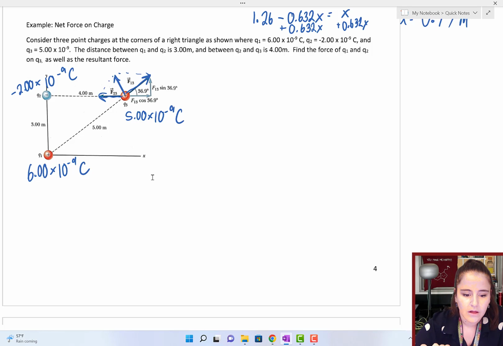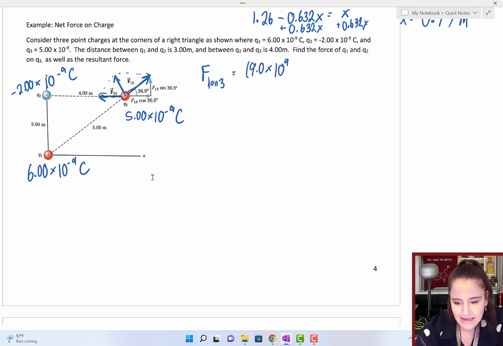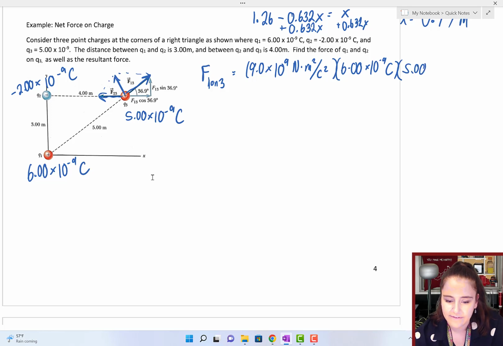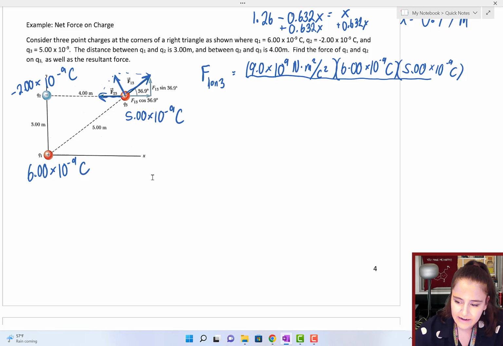Starting with the force of 1 on 3. We have k, 9 times 10 to the 9th newton meter squared per coulomb squared, times Q1, 6.00 times 10 to the negative 9 coulombs, times Q3, 5 times 10 to the negative 9 coulombs, divided by the distance between them squared.